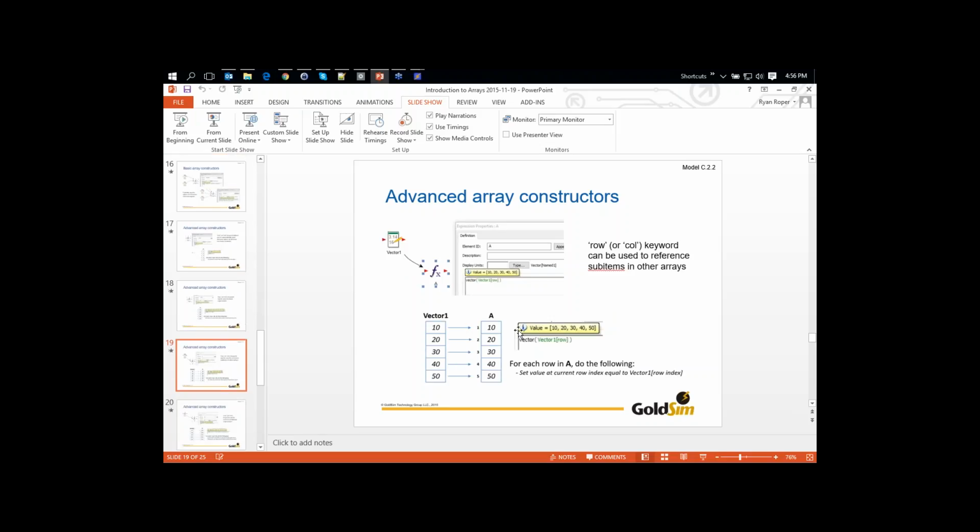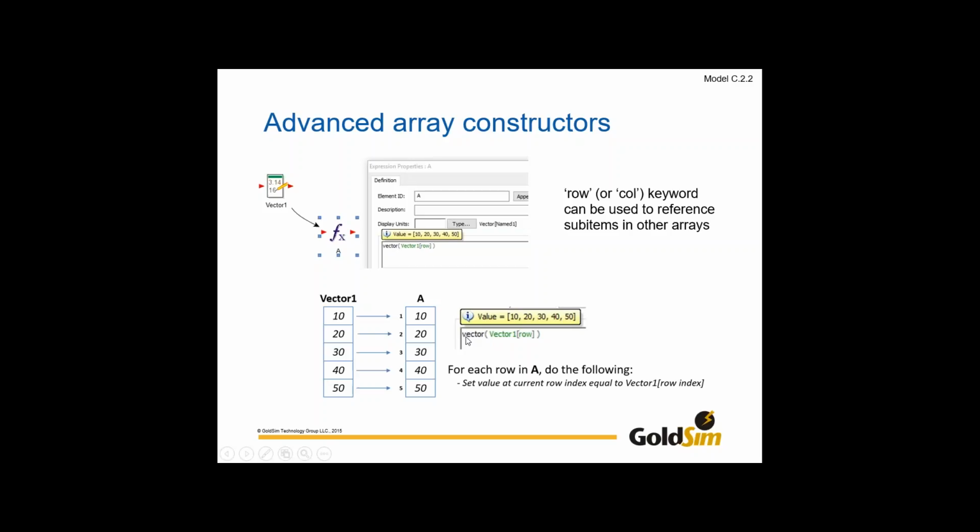There's other possibilities here. What if inside the vector constructor we referenced another element? In this case, this element called vector 1, and we put in row inside the square brackets. What that does is, say we're down here populating A, we're creating A using this expression here.